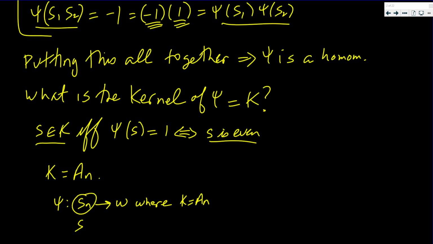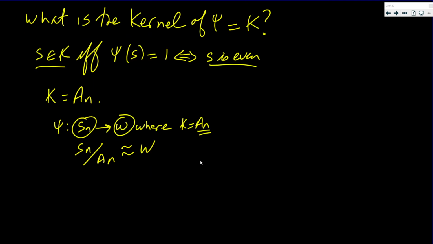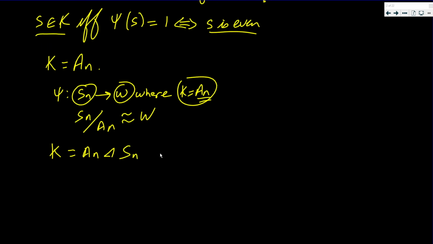That means Sn mod the kernel is isomorphic to W. The kernel, which is An, is normal in S sub n.